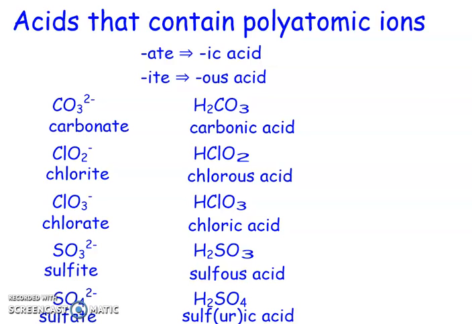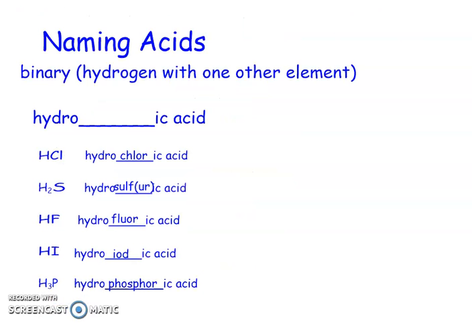Again, if it was a binary acid, one that contains just hydrogen and that other element, you do the same thing with what charge that element forms, looking at the number of valence electrons or looking at the charge that it forms as an ion, and put in that many hydrogens to make it neutral. And when naming it, start it with hydro, put in the root word of the element, and end in ic.